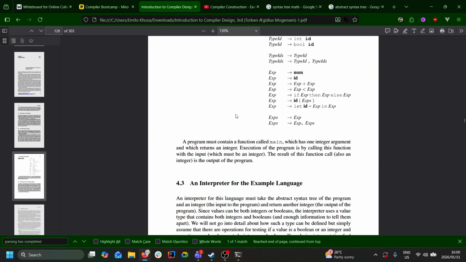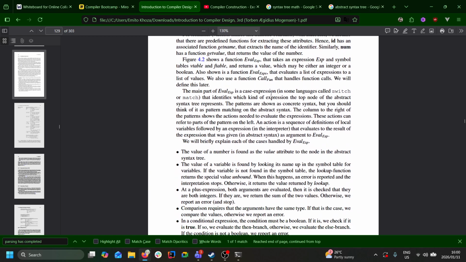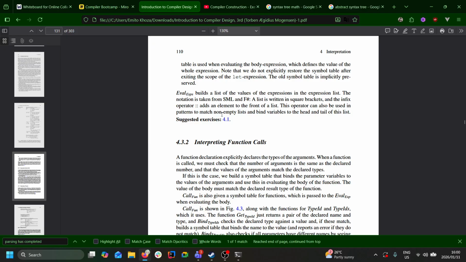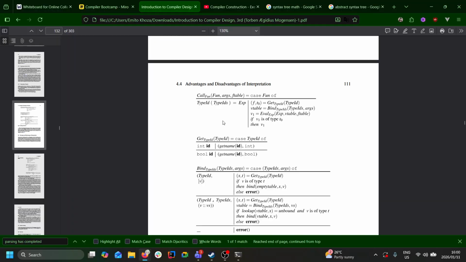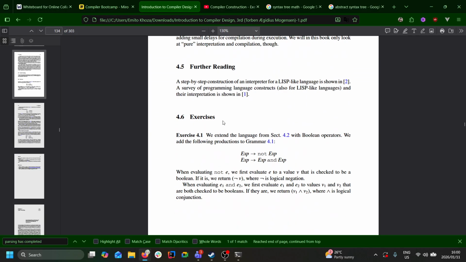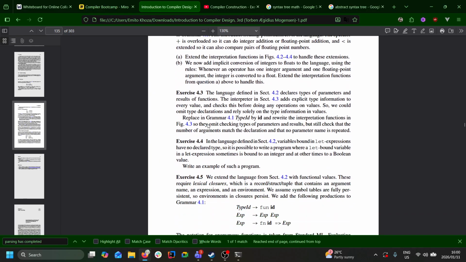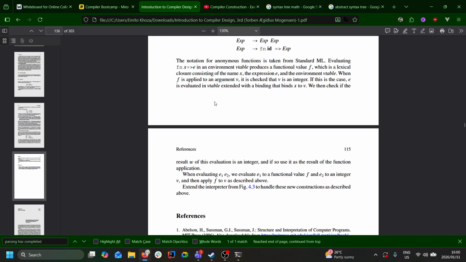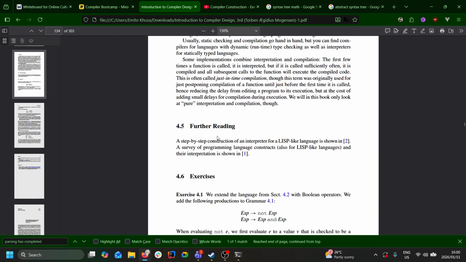Small example language. Evaluating call. Okay, it's not giving me an example language, but is there an exercise we could do? It's also not giving me an exercise.